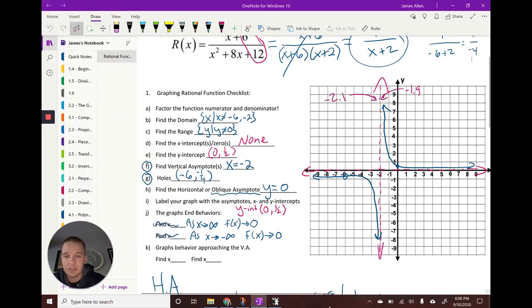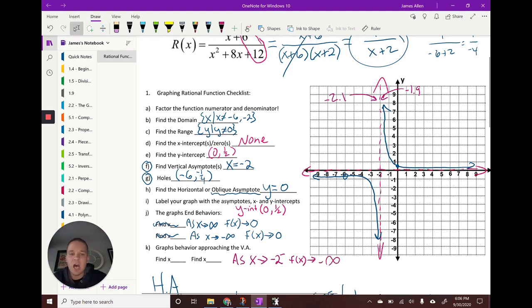So the way we would write that is as x approaches -2, and if we want to say from the left, we use a little superscript negative up top there, then f of x approaches, and we said from the left-hand side, that's this portion of the graph, right, that it approaches -infinity.